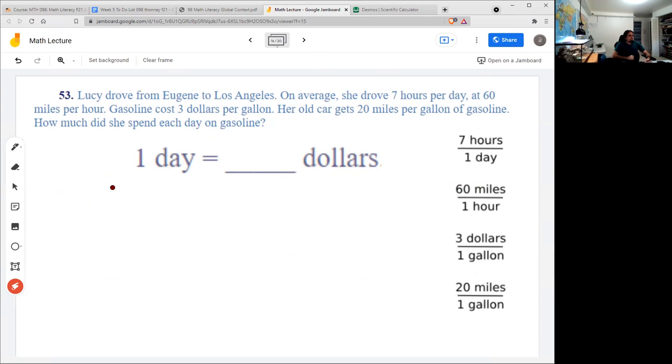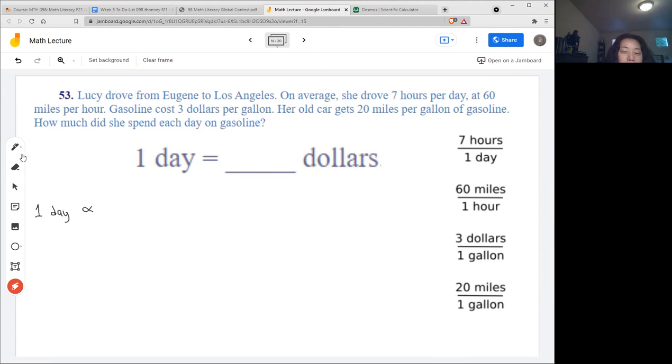So I'm going to make like a chain. I'm starting with one day. And I'm going to use this fish symbol. That means goes with. One day goes with what? Only one of these rates has a day in it. Those are hours.